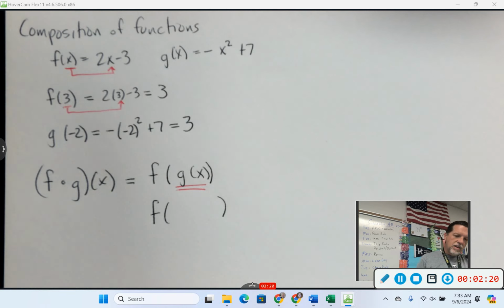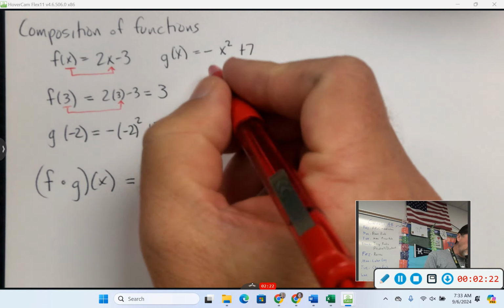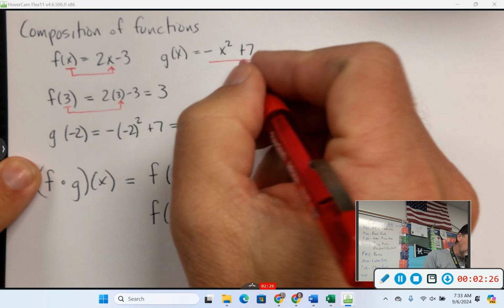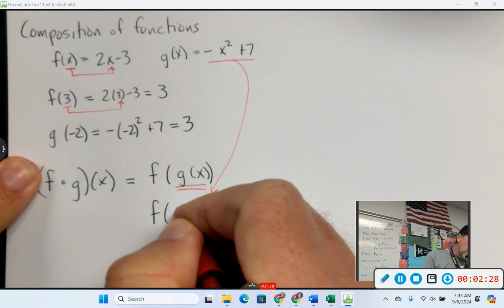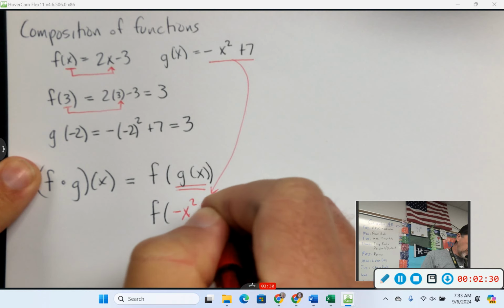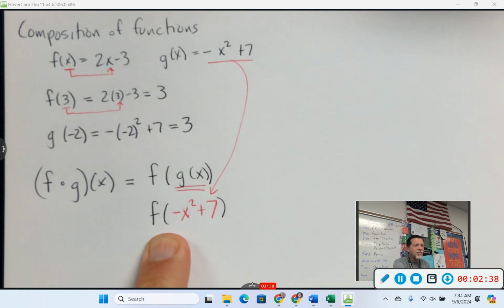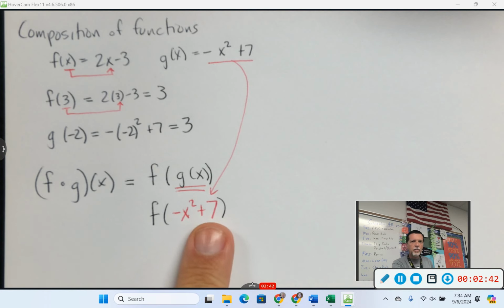Wait, back up here. g of negative 2 is 3, but g of x is negative x squared plus 7. So now we're going to take our f function, and instead of plugging in 3, we're going to plug in negative x squared plus 7.